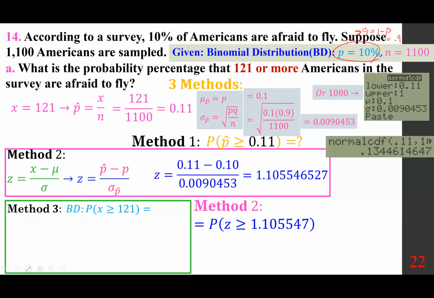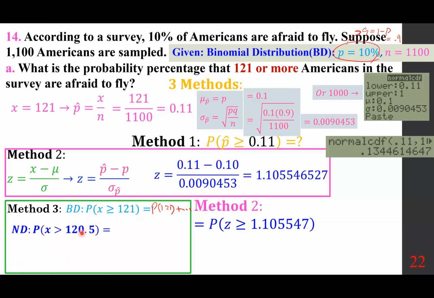Let me write this because it's important to know what it means. It means the probability of x equals 121 all the way to n, which is 1,100. The first one is 121, everybody. So if I use 121.5, the first one larger than that is 122, and I'm going to lose 121. So we must go with 120.5. I hope everybody understands this.